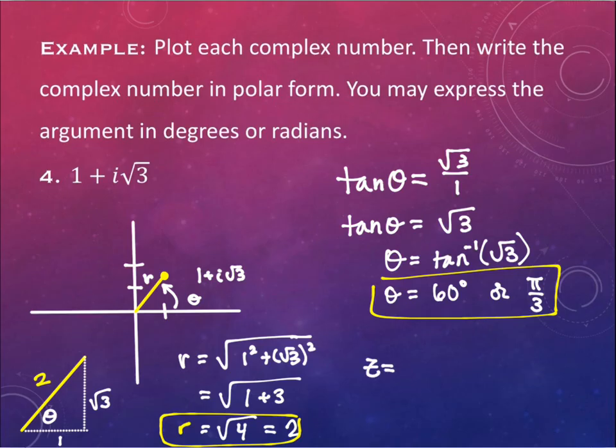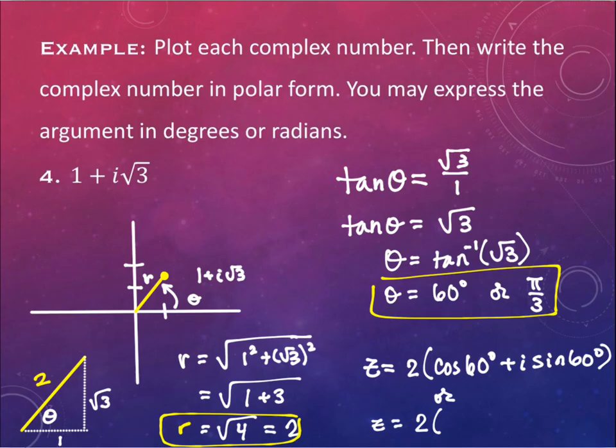So this z is going to be equal to 2 times the cosine of 60 plus i sine 60. Or if we do it in radians, z will equal 2 cosine of pi over 3 plus i sine of pi over 3.